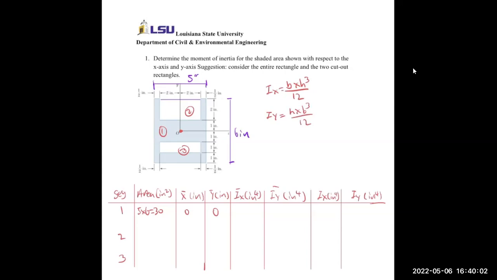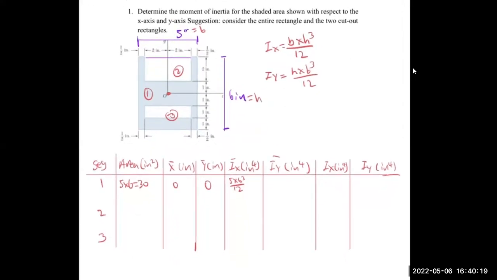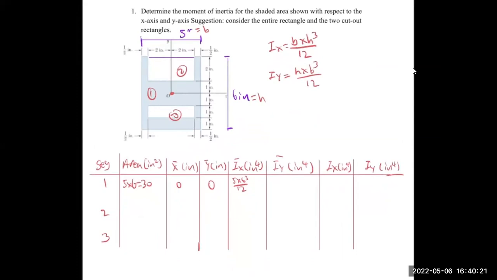So for segment 1, b would be 5 and the height would be 6. So 5 multiplied by 6 cubed over 12. Don't forget the cube; students often forget to cube it, or just square it. That's a very common mistake. So put that in the calculator.